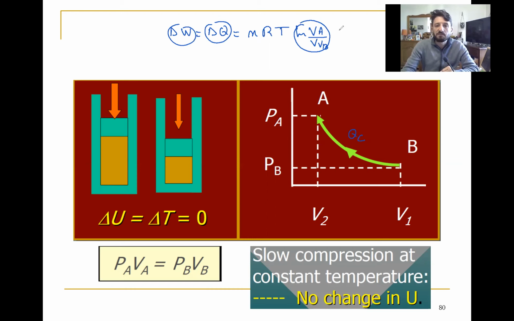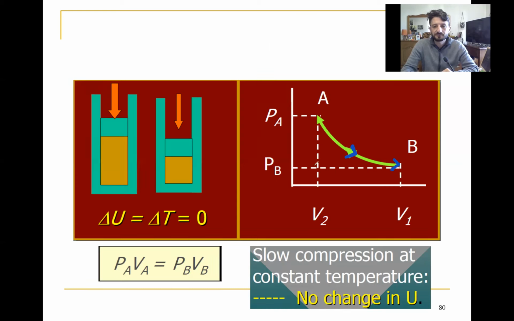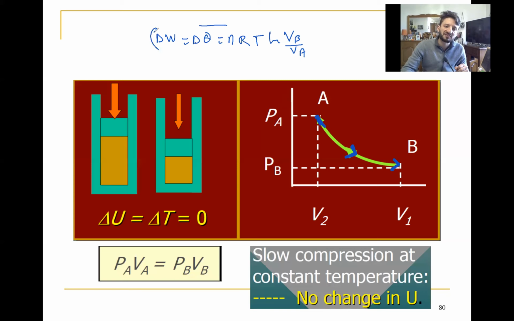Okay? The opposite case, if we increase the volume from the initial state A to the final state B, we can apply the same d omega equals dq equals nRT ln V final, which will be B divided by A. We increase the volume, so d omega must be positive and dq is positive.